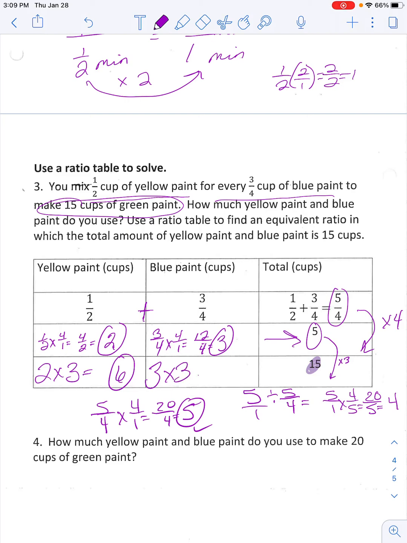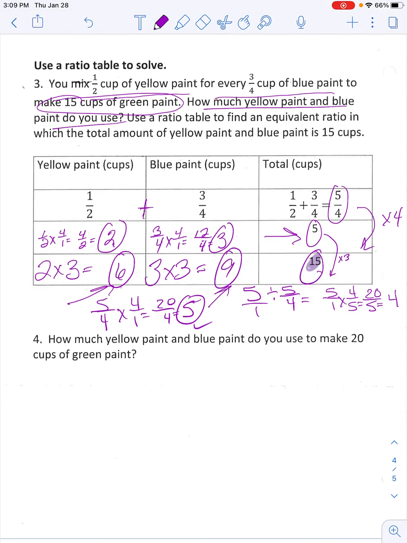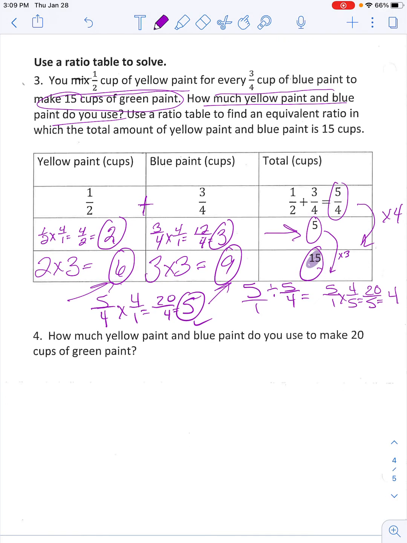Multiply the blue paint by 3 and get 9 cups of blue paint, and we'll have 15 total cups. So how much yellow paint and blue paint do we need? We need 6 yellow cups, 9 blue cups, and that'll give us our 15 total cups. That'll be green, apparently.